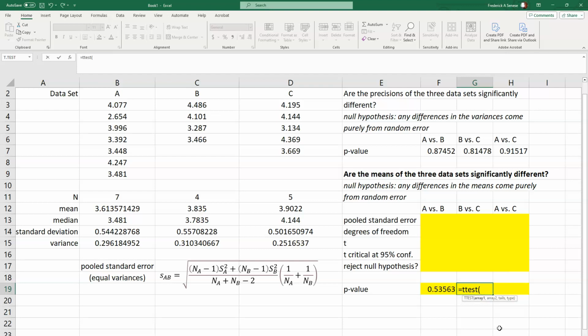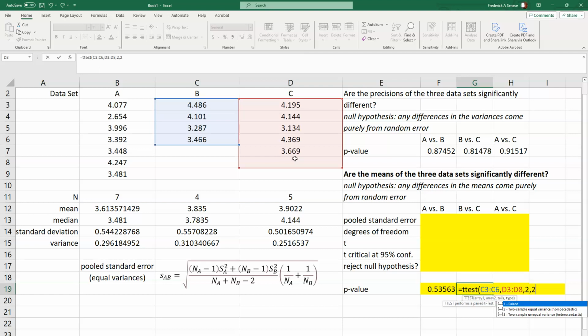I can use the t-test function to compare sets B and C. And I want 2 tails again, so I put a 2 there. And the type is type 2 because my variances are essentially equal, it looks like.